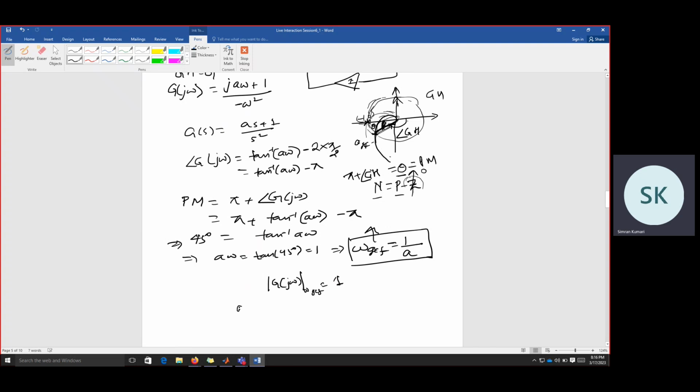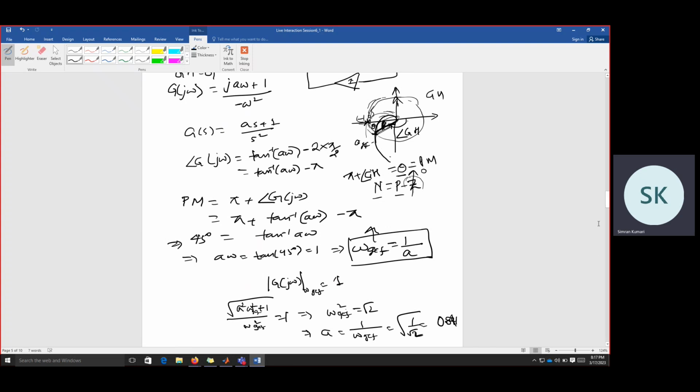This is root of (A square omega square plus 1) by omega GCF square. So this omega GCF is equal to 1. Now if you solve this, you get omega GCF square equal to root 2. Okay, so from there you can get A equal to 1 by omega GCF, which is root under 1 by root 2. And what is the value that we get? 0.841 if we solve this one.